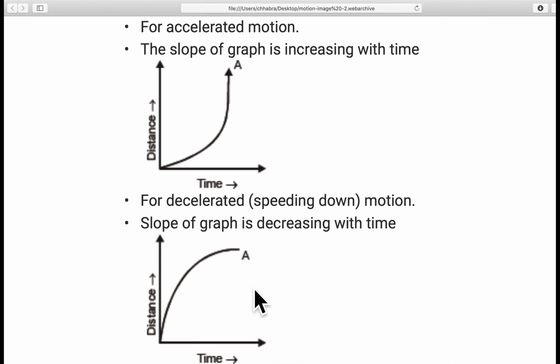For accelerated motion, the slope of the graph is increasing with time. And if the slope of the graph is decreasing with time, that is decelerated motion.